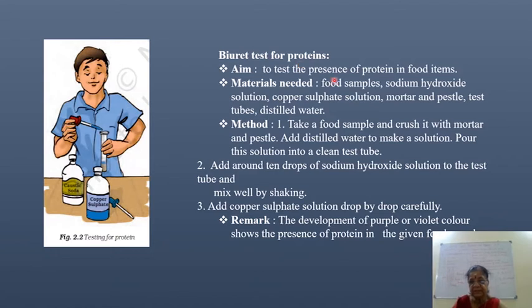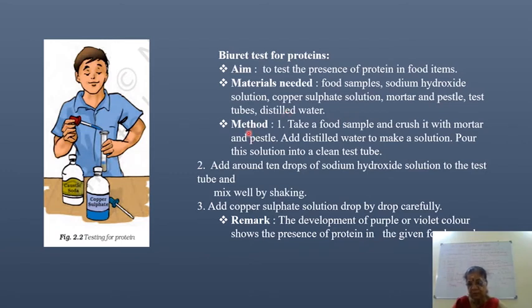Aim: to test the presence of protein in food items. Materials needed: food samples, sodium hydroxide solution, copper sulfate solution, mortar and pestle, which is like an ammi used for grinding, test tube and distilled water.